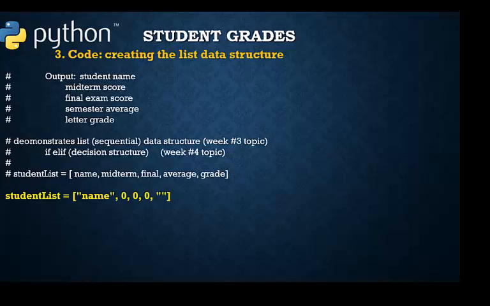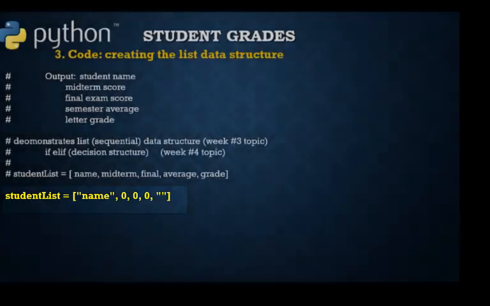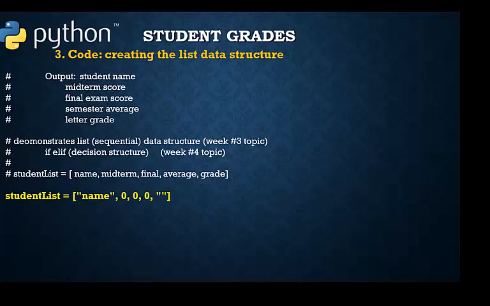Recall that a list is an ordered collection of related items. All of these relate to one student. When coding a list, remember to use brackets and that the indexes start at 0. Here is the initialization of the information for student list.